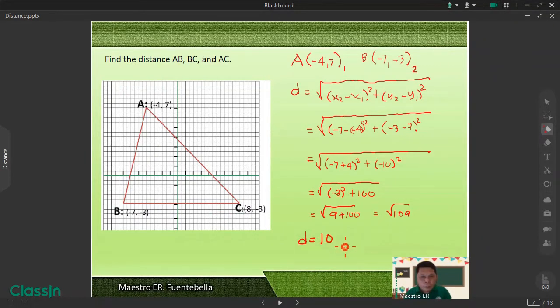So 10.4. So don't forget to write units. Okay, so that is the distance AB.